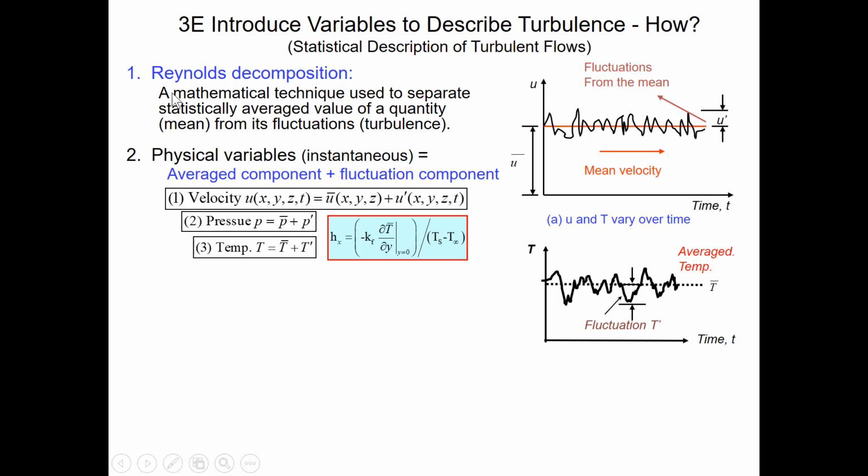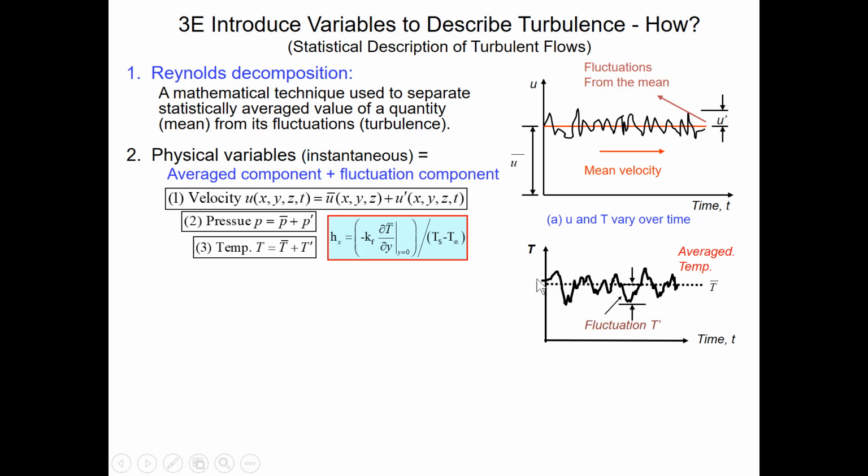First, we introduce Reynolds decomposition, which is a mathematical technique to separate the average value of a quantity like velocity, pressure, temperature from its fluctuation. Therefore, an instantaneous physical variable is represented by its average component plus the fluctuation component.